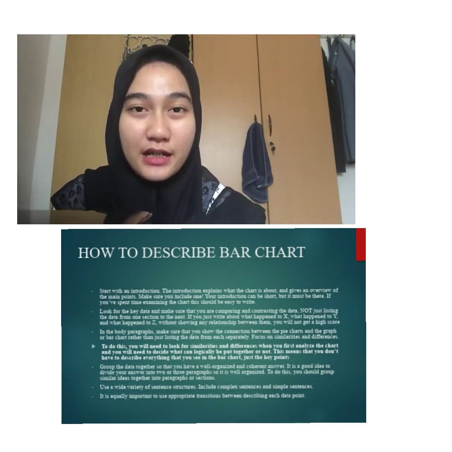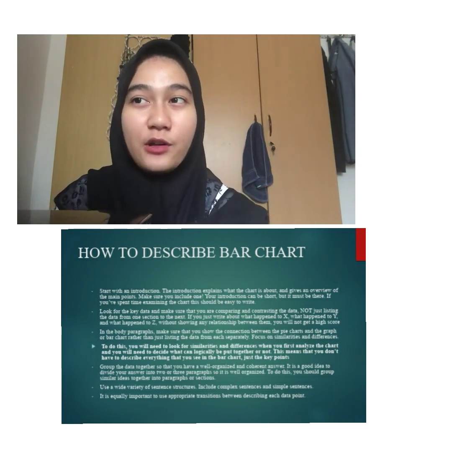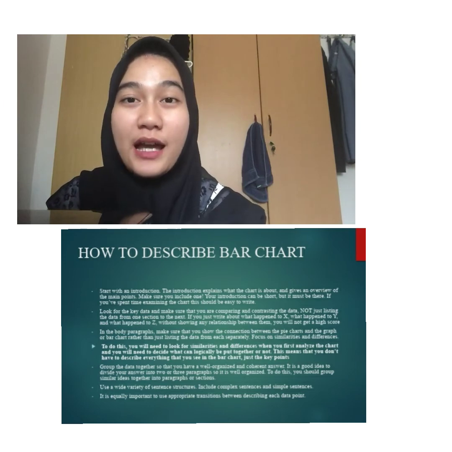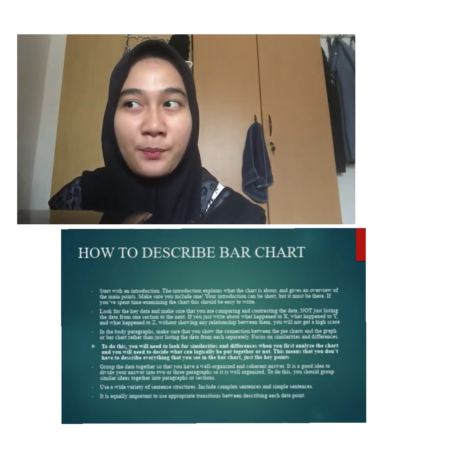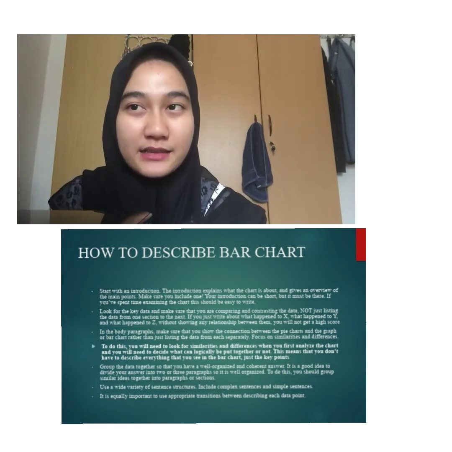Group the data together so that you have a well organized answer. It is a good idea to divide your answer into two or three paragraphs, so it will be organized. To do this, you should group similar ideas together into paragraphs or sections.